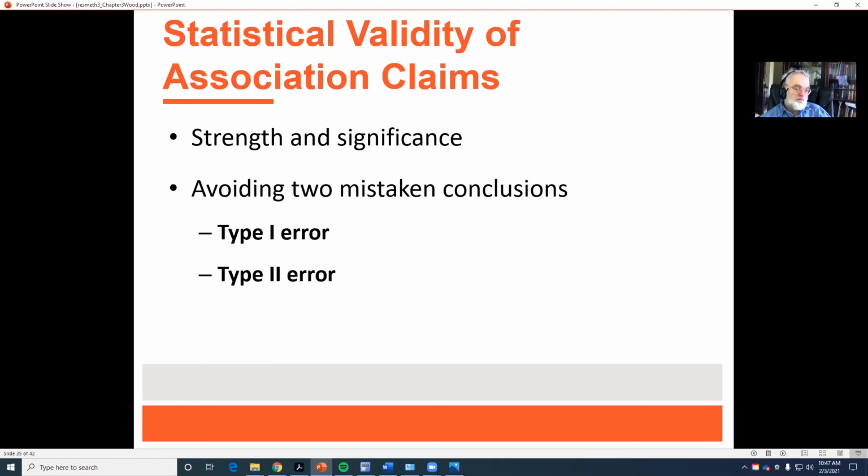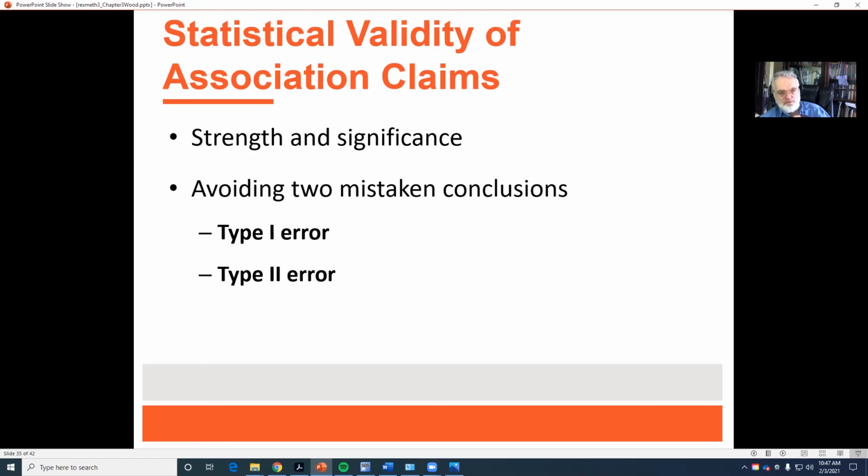So if, for example, the population correlation between 2 variables is 0.3, and I gather, say, 10 observations, and that's not statistically significant, I might say, oh, well, the null hypothesis, I'm going to say maybe, I will accept the null hypothesis. That's a mistake. That's a type 2 error.